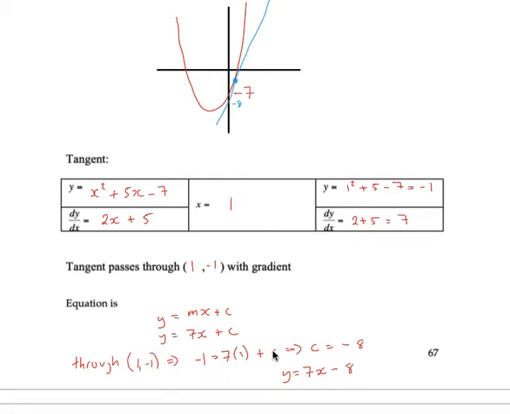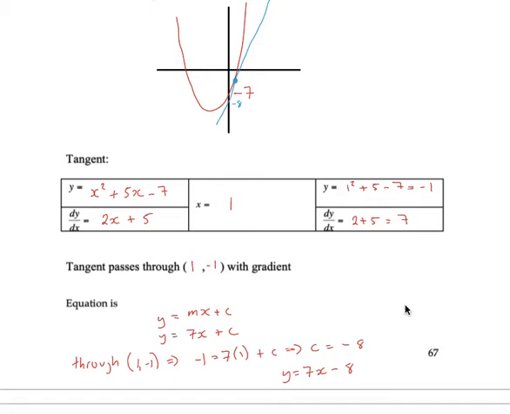So substitute those values into the equation, we can work out what the c is, and there's the equation of our tangent. And that makes sense on our sketch, because if the parabola crosses at -7, a pretty steep tangent line crossing the y-axis at -8 looks about right. And if you plot this on a graph drawing calculator, you'll see that it does just clip the parabola once.